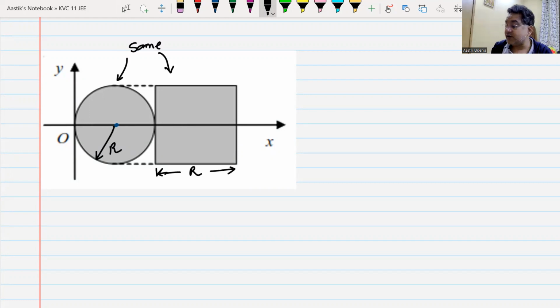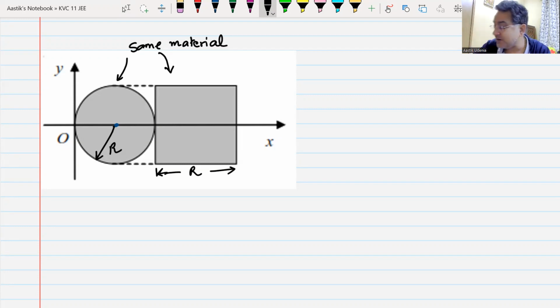Now, how do you find out the center of mass?